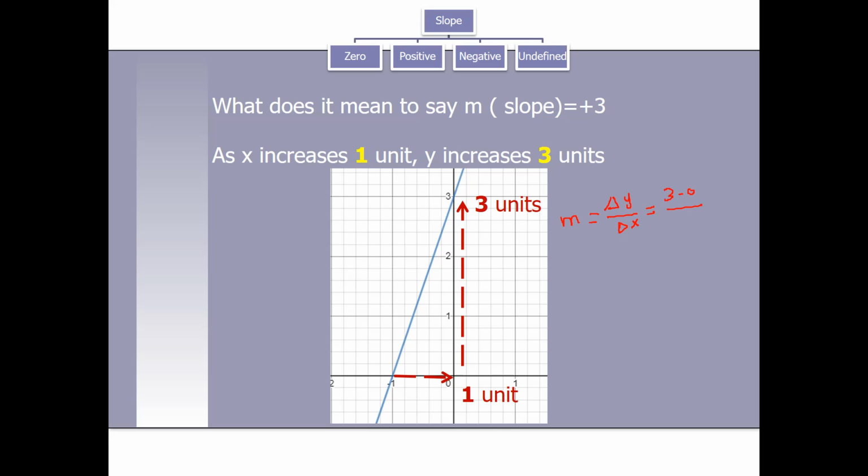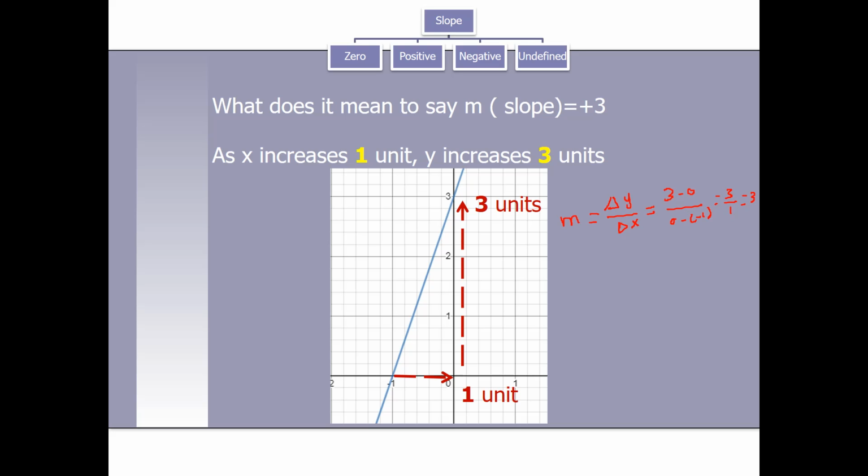And the change in x changed from minus 1 to 0, so it increased from minus 1 to 0. So 0 minus minus 1. So it will be 3 over 1, that is positive 3. So the slope is 3.